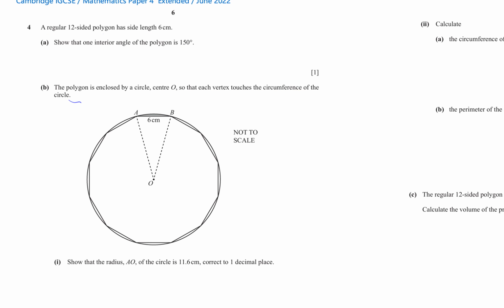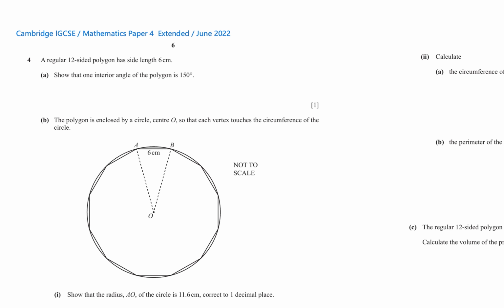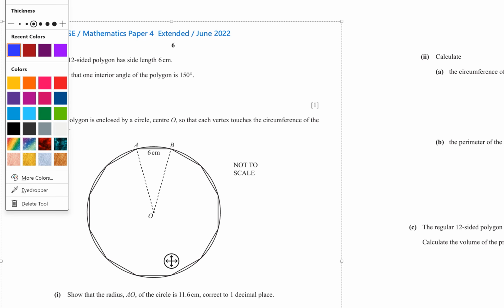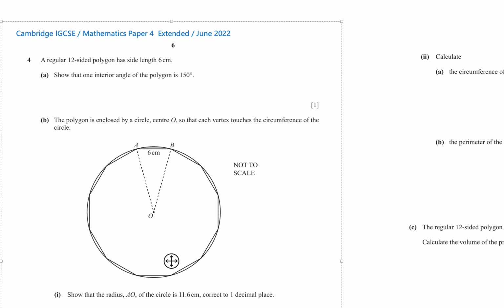So to start with the first bit, the regular 12-sided polygon has a side length of 6 centimeters. We need to show that one interior angle of the polygon is 150 degrees. It's a regular polygon, so all the interior angles are going to be 150 degrees.